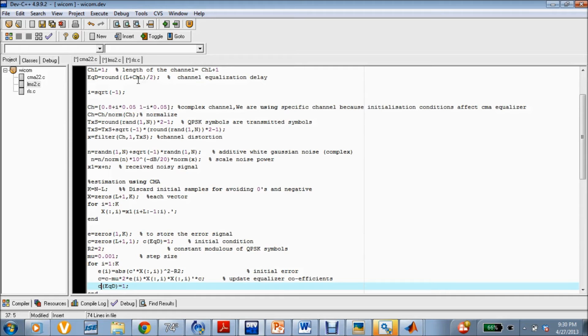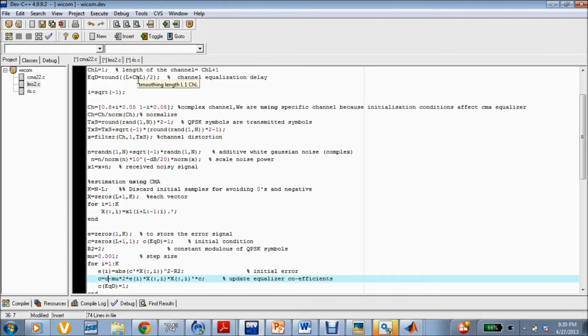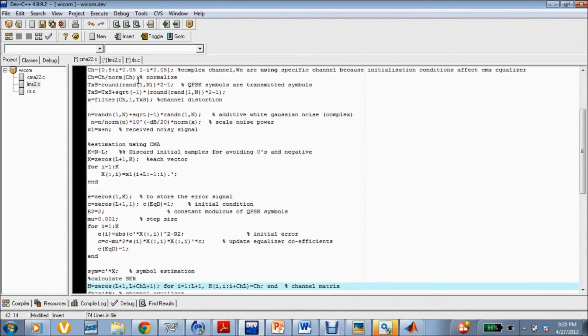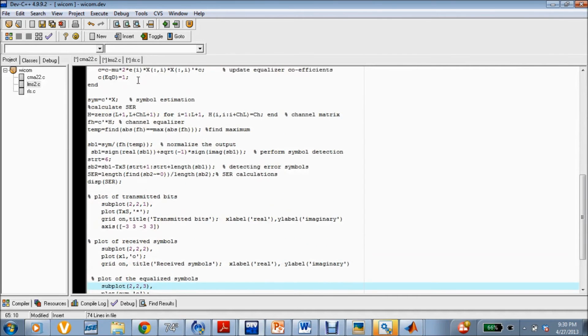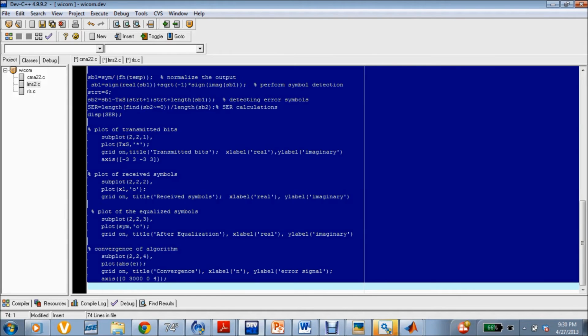The error here is calculated by the absolute square difference between the output of the equalizer and the constant modulus, which is 2, and the channel is updated as shown in the slides by multiplying the error function with the output of the equalizer. After the iterations are over, the symbol is calculated here, and the symbol error rate is also displayed here, same as before, and the output is obtained like this.